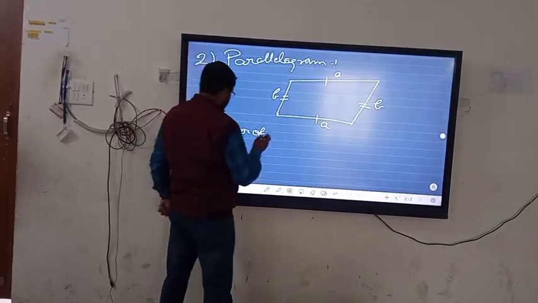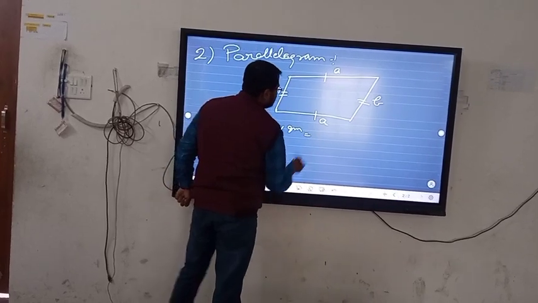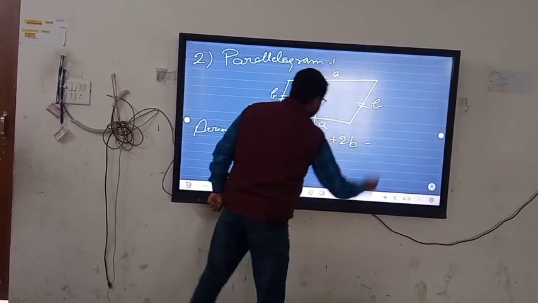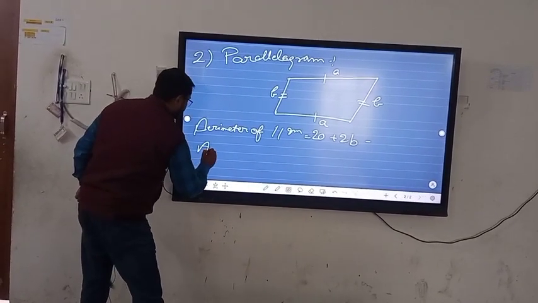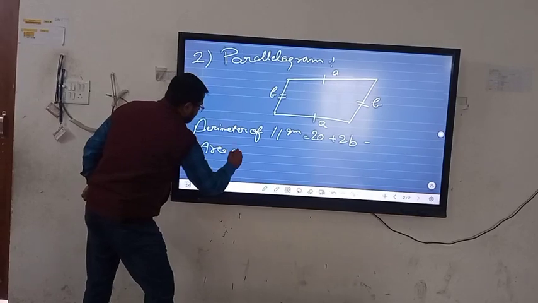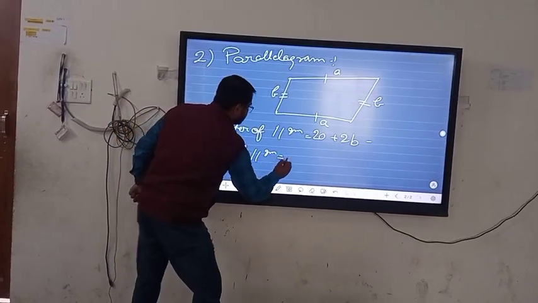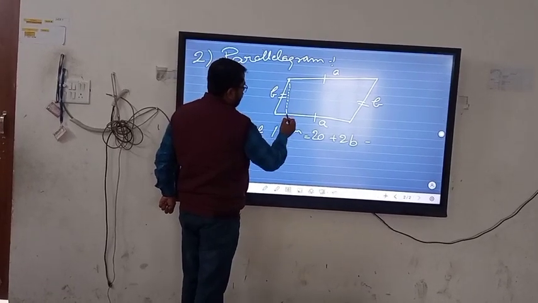So first, perimeter of parallelogram is equals to 2 times A and 2 times B, and area of parallelogram is equals to, this is the height of that parallelogram.